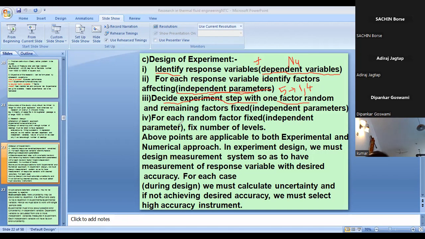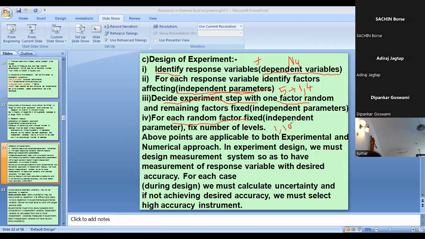Now for each random factor fixed, okay. Once you decided, okay, fixed means what? Once you decided one random factor, suppose I decided factor number 1 as random, then we have to decide its steps.